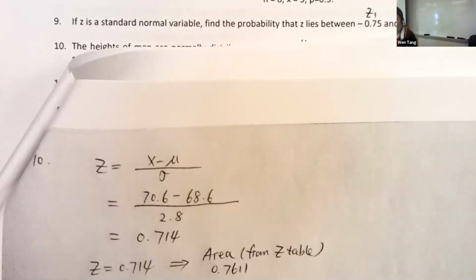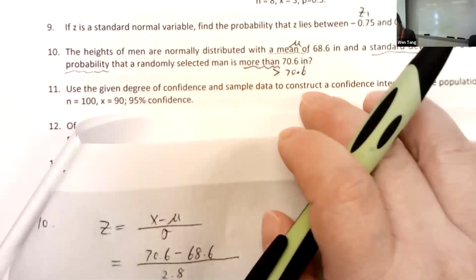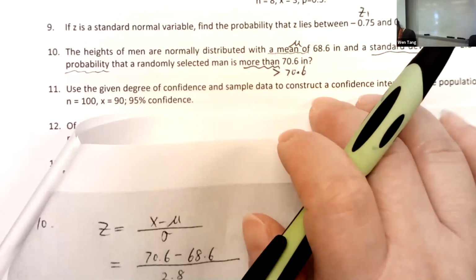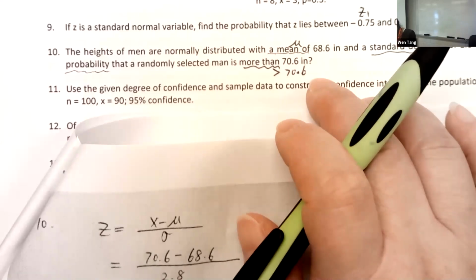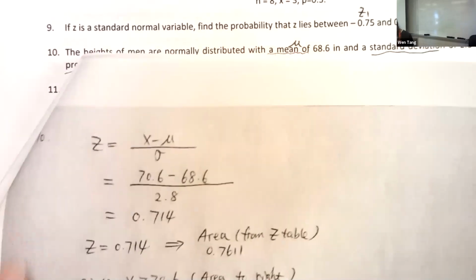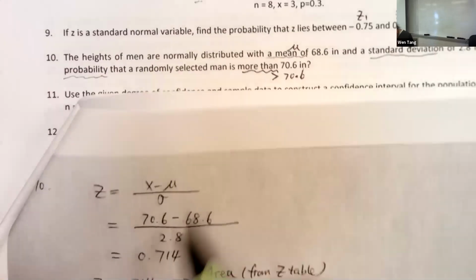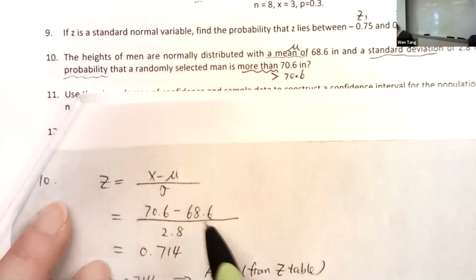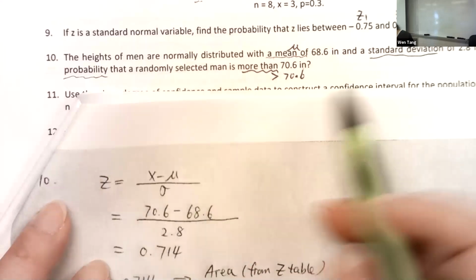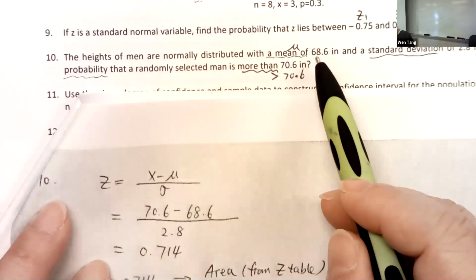So in this case, again, the value we're gonna test here is 70.6. So that will be our X value, right? So X value goes first. The value we're gonna test always goes first. So 70.6. Next one, we should minus our mean value. So mean value here is 68.6.